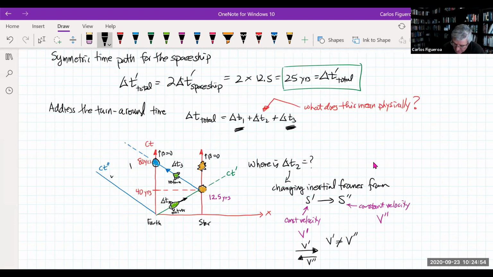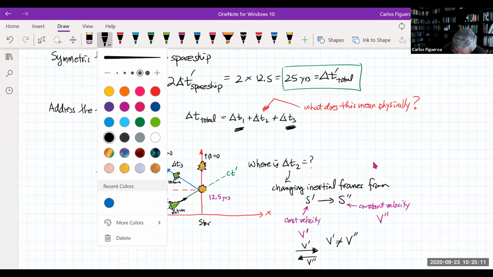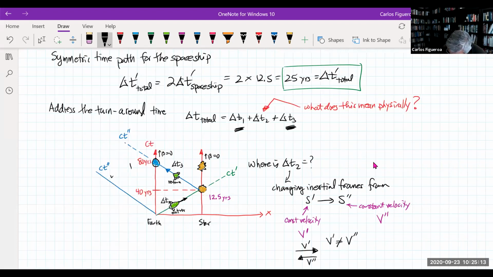So look at the prime frame right here. If I look at this prime, this is CT double prime. What I'm doing here is accelerating from this frame of reference to that frame right there.